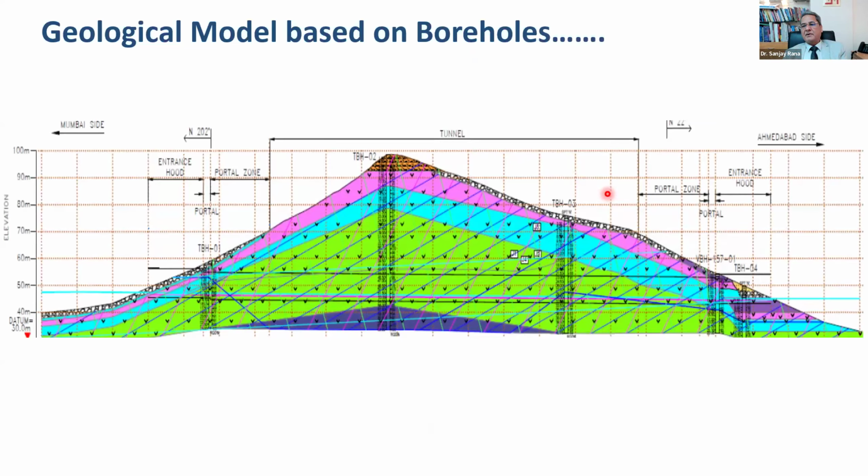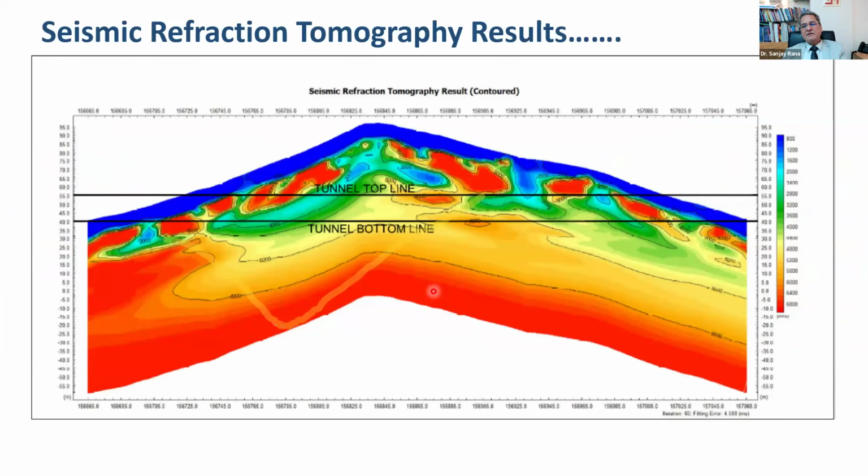This is one example in which this section was created based on available geological information. From here to here, this was all supposed to be good rock. This was the tunnel alignment. And once the investigation was done, you can see the weak zone here, a weak zone here, and a weak zone here, right?